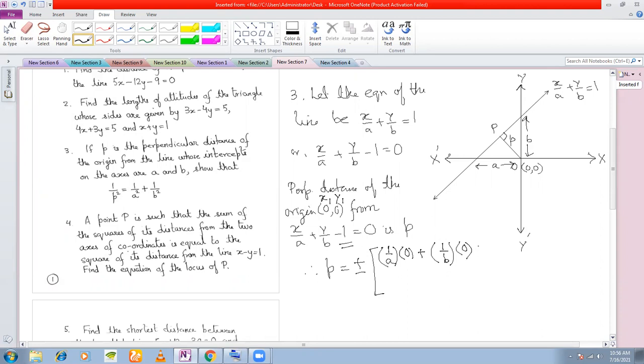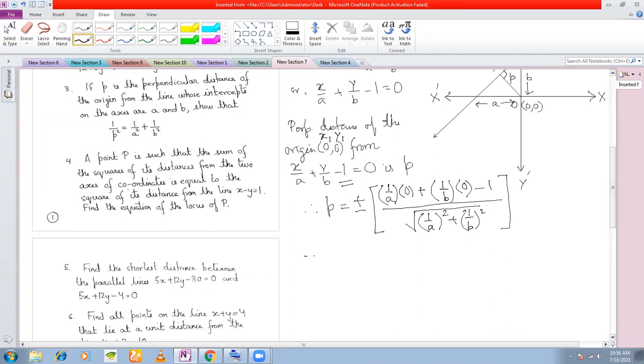C here is minus 1 divided by root over of a square plus b square. Okay. So what do we get here? p is equal to plus or minus 1 by root over of 1 by a square plus 1 by b square.